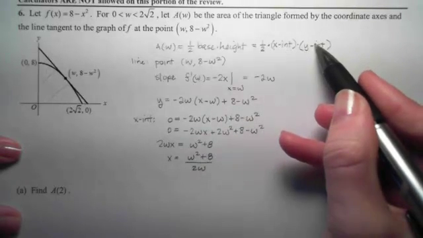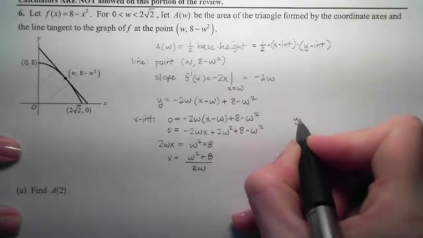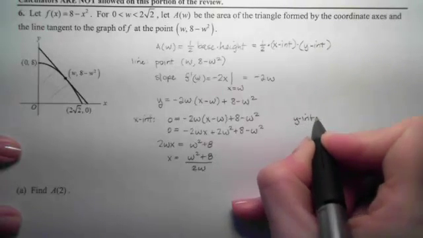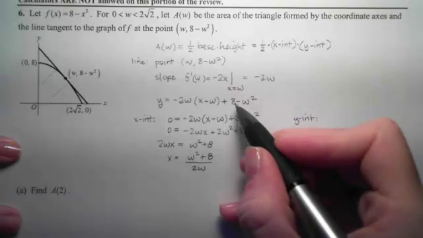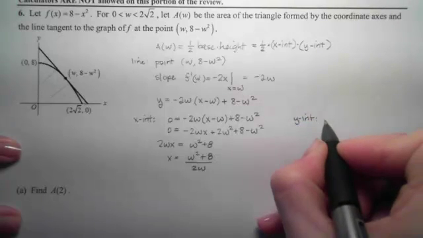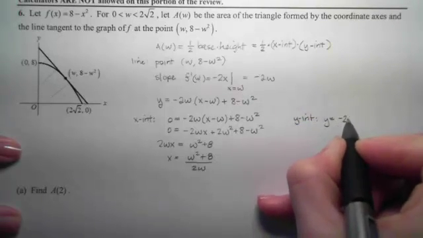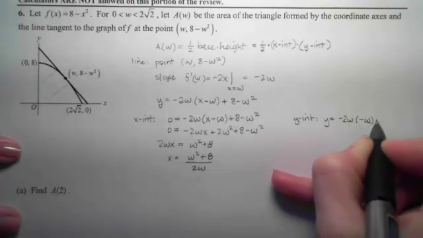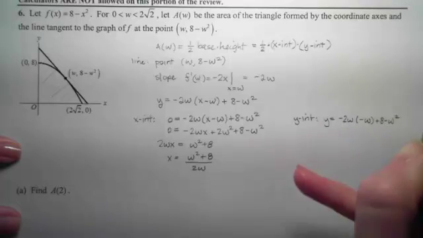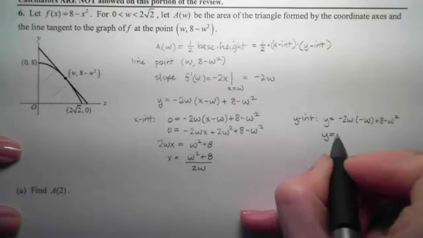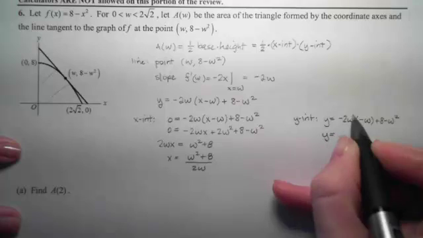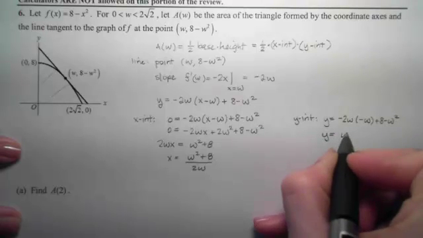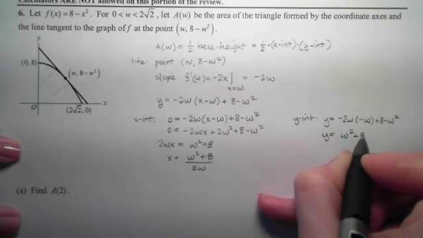We also need our y-intercept. So to find the y-intercept, that's when we let x equal 0 in the equation of our line. So that means we'll have y equals negative 2w times 0 minus w, plus 8 minus w squared. Notice that that y-intercept gives us 2w squared minus w squared. That's w squared plus 8.